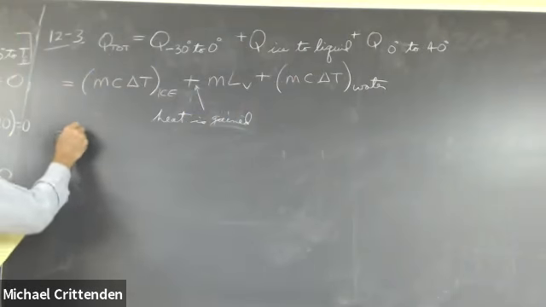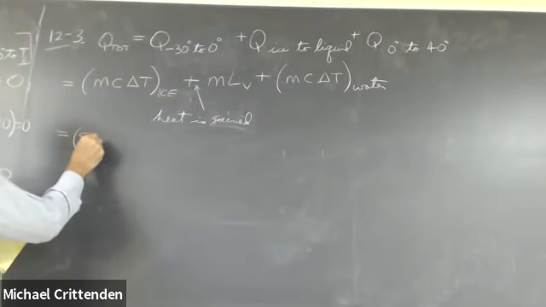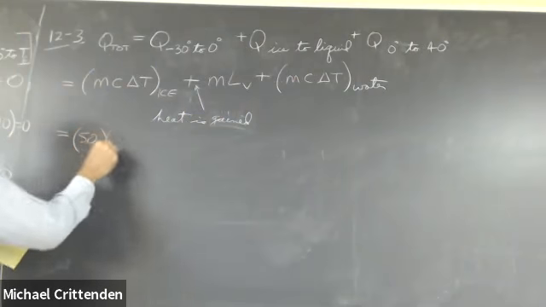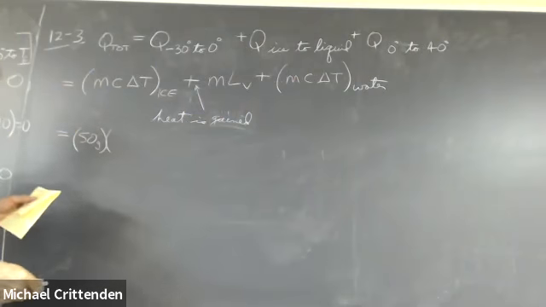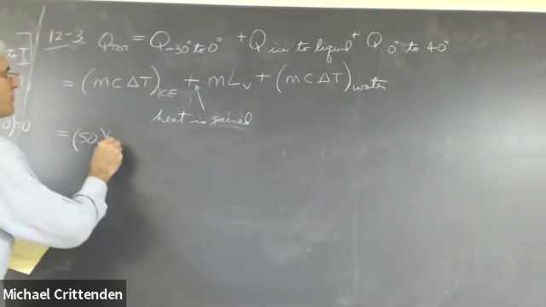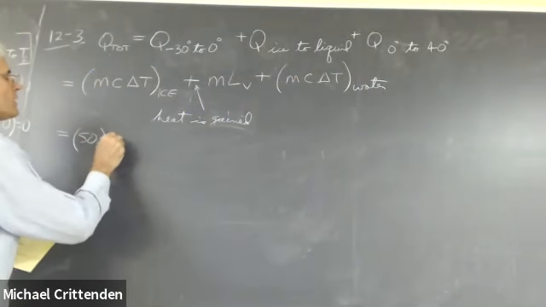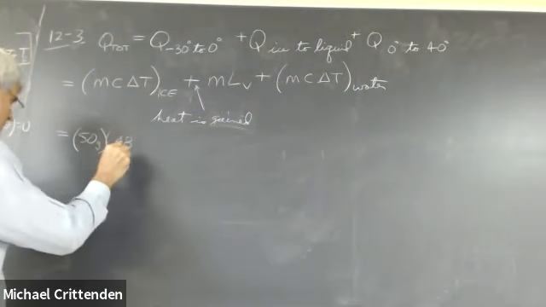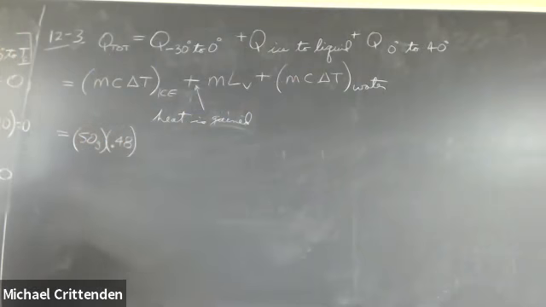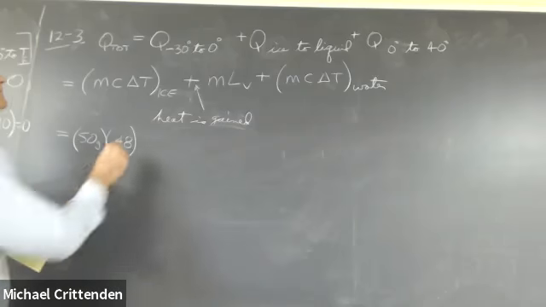Okay, we've got 50 grams of ice. You look in the table on the reference handout, and it gives the specific heat of ice as being 0.48 calories per gram per degree, or the equivalent number of joules per kilogram per degree, if you'd rather do it that way.